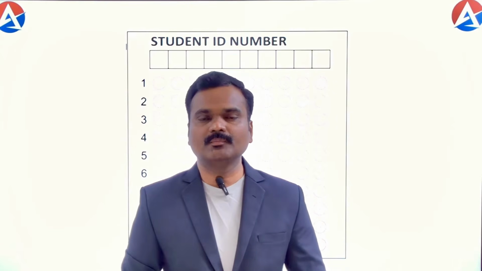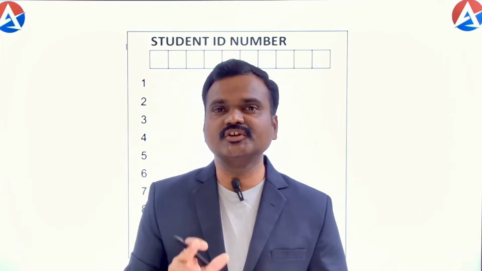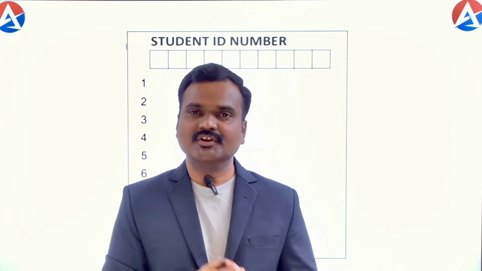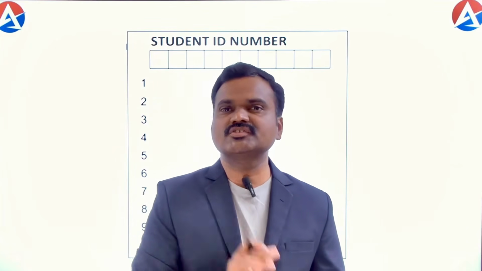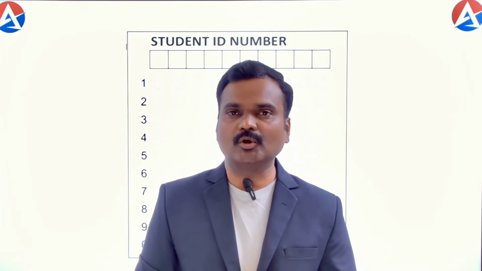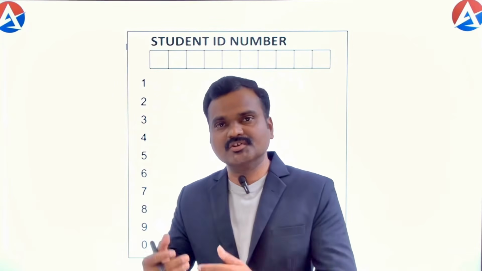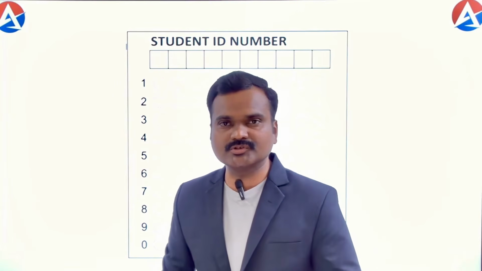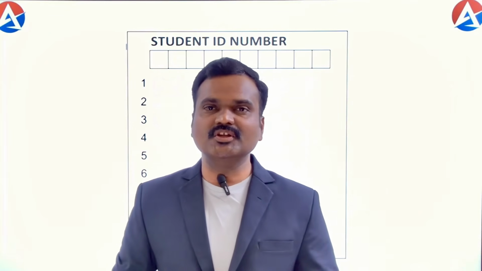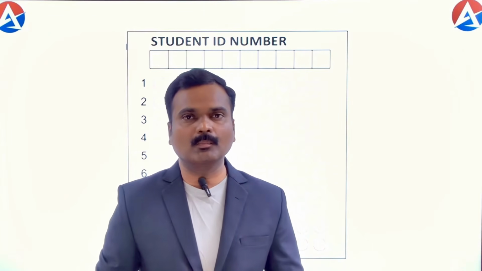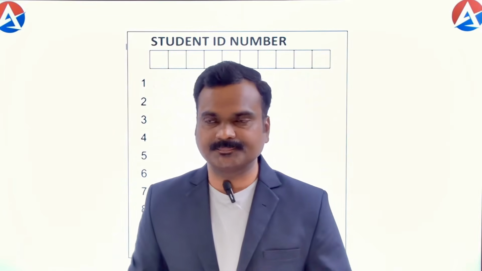To avoid this problem, we strictly do not suggest using a pencil. They have to use a black ballpoint pen for bubbling OMR sheets, not only for ID numbers but even for answering. So please suggest the students use a black ballpoint pen for all these examinations.